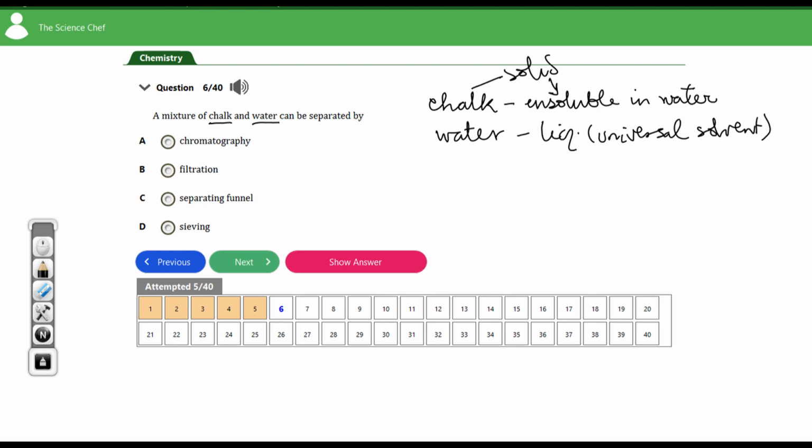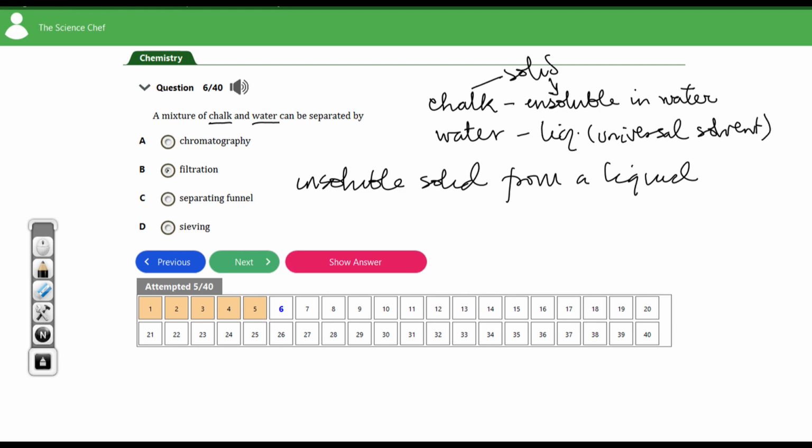Since it will not dissolve in the water, the best way to separate an insoluble solid from a liquid is filtration. That is B.